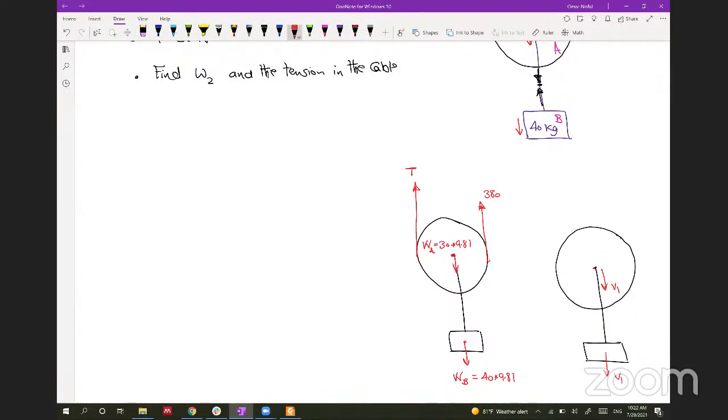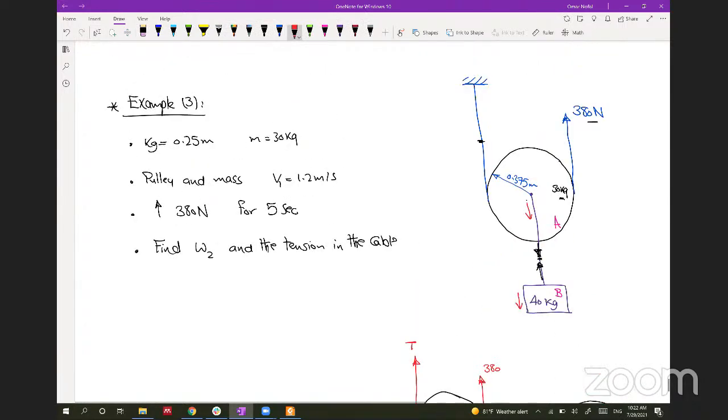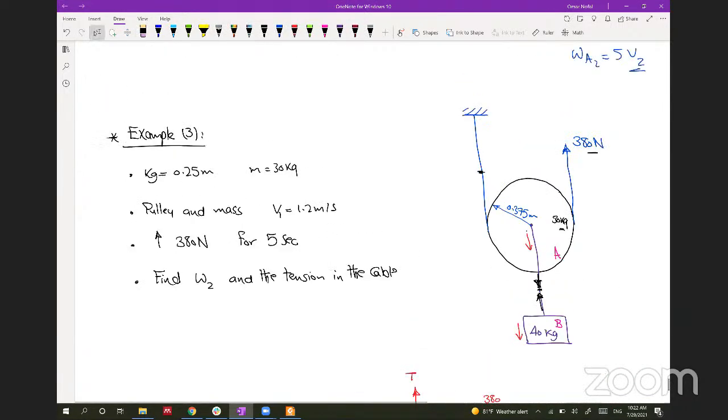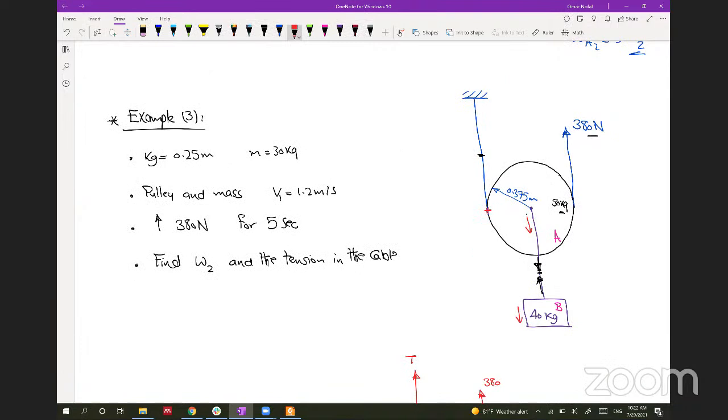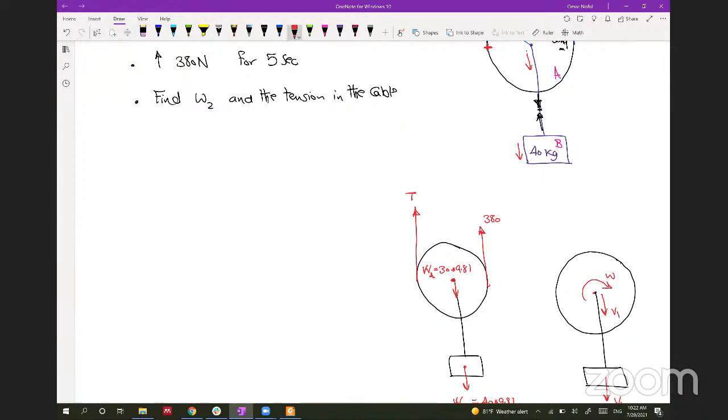So the mass will be making a pure translational motion, but the pulley here is making translation, and actually it needs to do rotation to make this translation. So it's a general plane motion for this pulley. And we know from this setting that this location is an instantaneous center of zero velocity for this pulley.